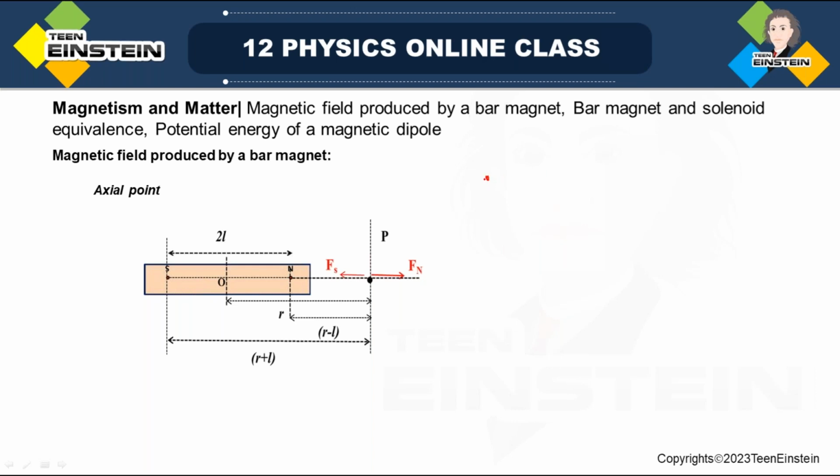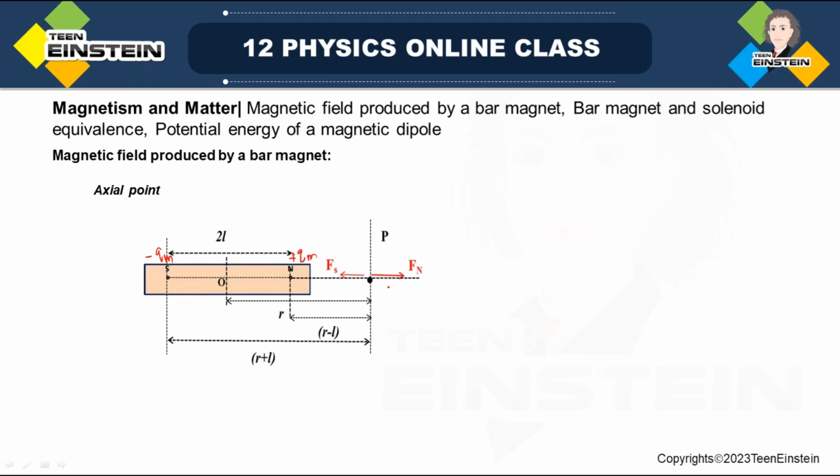For the electric dipole, while calculating the axial field and equatorial field, we considered individual charges, calculated the electric field produced by each charge, and then taken the resultant. Here also, to calculate the magnetic field at point P, we have to consider that there is a positive qm charge here and a negative qm charge here.